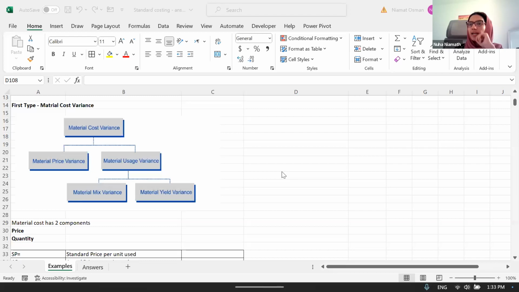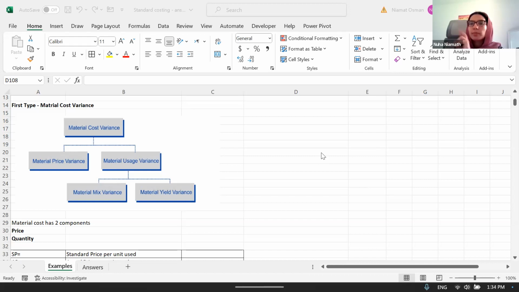Perfect, AD. So what is standard cost, if I may ask? How do we calculate a standard cost in terms of material cost variance? Let me know, anybody in the chat box, what is your standard cost?